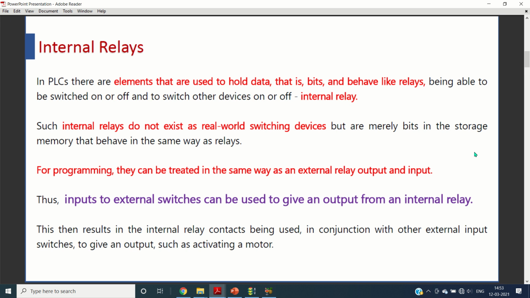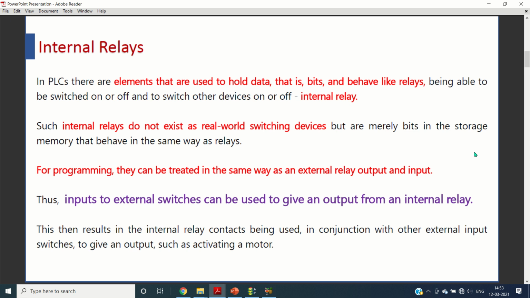They are able to be switched on or off, and they can be applied to switch other devices on or off, and therefore they are called internal relays. However, internal relays do not exist as real-world switching devices, but they are actually bits in the memory that can behave the same way as a relay.